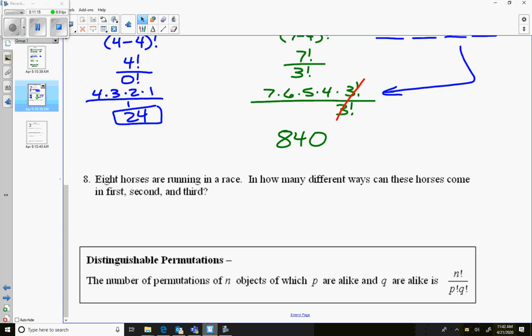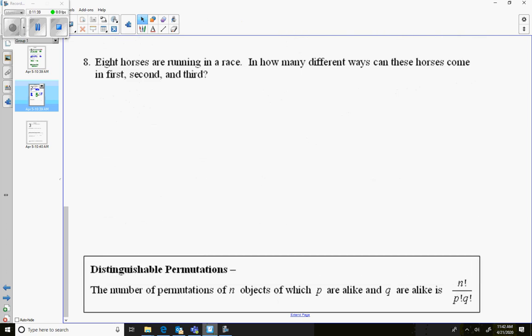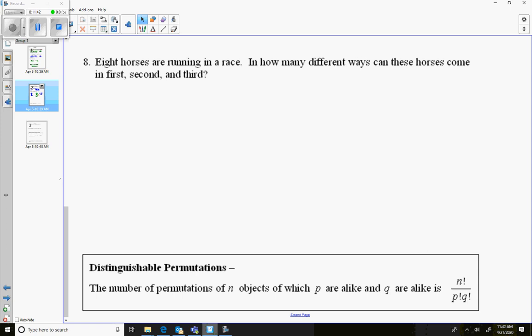All right, next question, number 8. 8 horses are running in a race. In how many different ways can these horses come in first, second, and third? So does the order matter? Yes, it matters whether you were first or second or third. So what we are doing is the permutation of 8 horses, but we want 3 of them, first, second, and third.